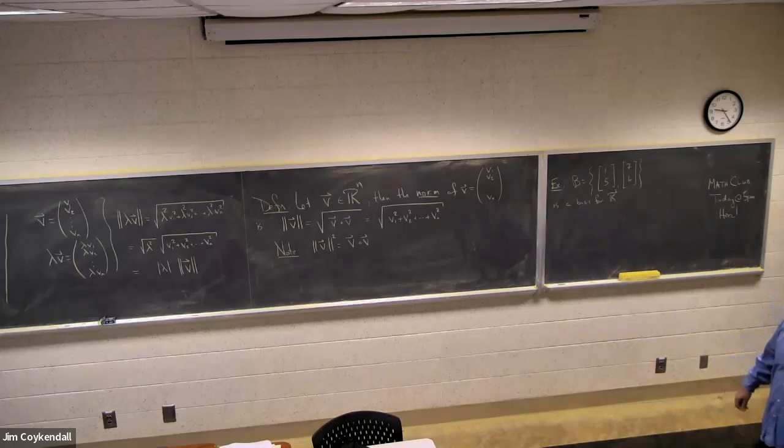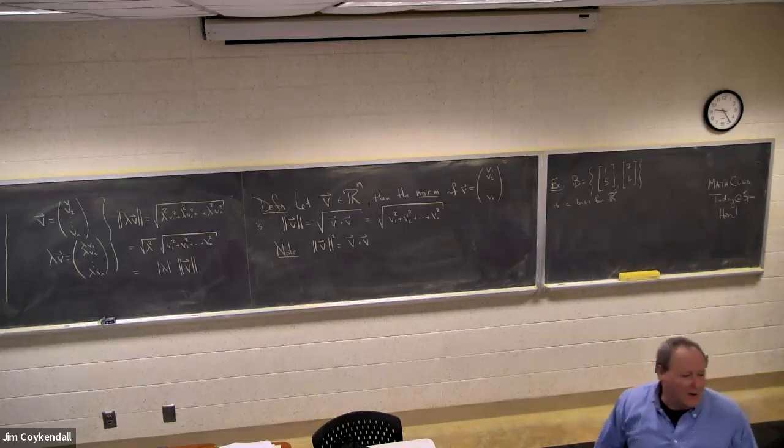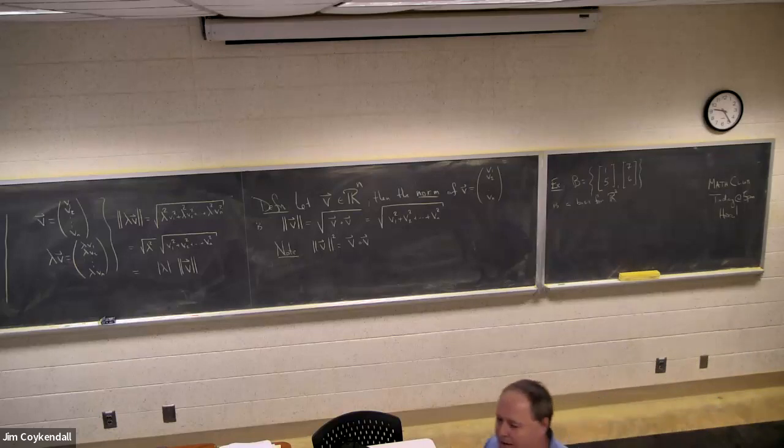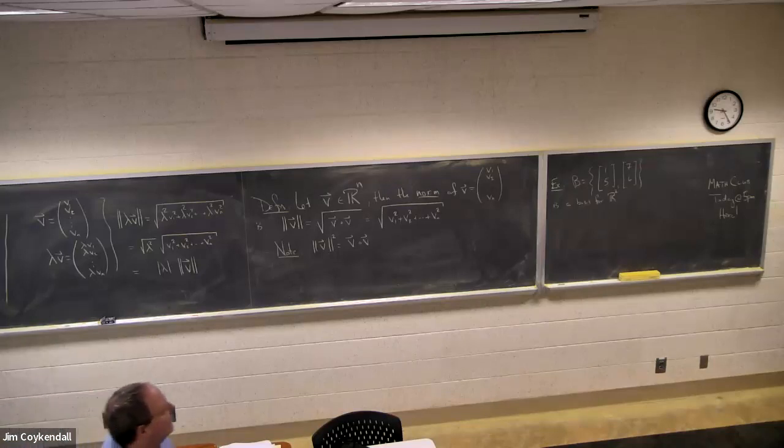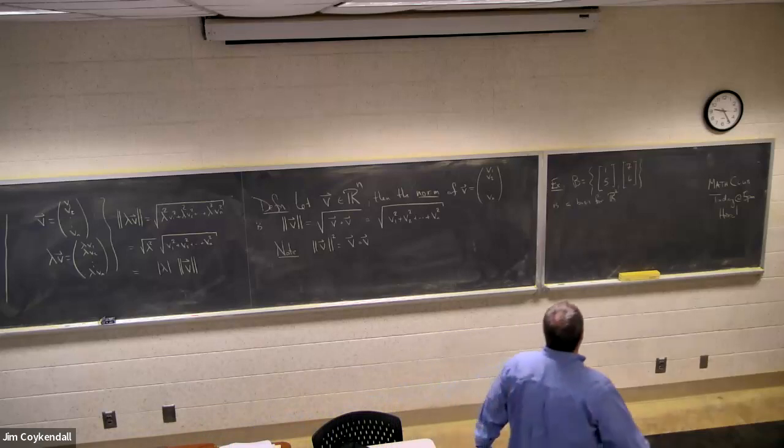First, I claim this is a basis. Can somebody quickly verify for me why that's true? Two of them, and they're linearly independent. That's one way to do it. Another way to do it is to put them all in a matrix and take the determinant of that. This is simple enough that I can almost do that in my head. 6 minus 35, negative 29. Not zero, so it's a basis, right? Everybody okay with that? Now, here's what I want you to do with this.